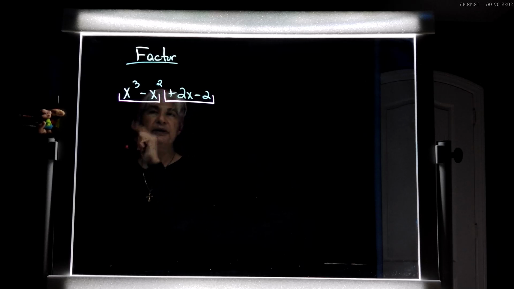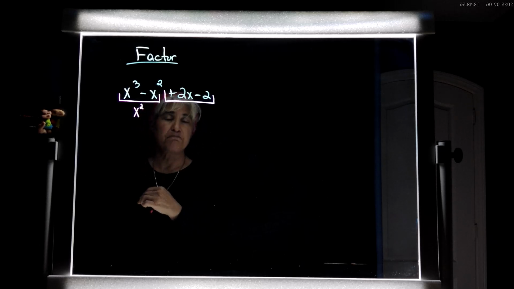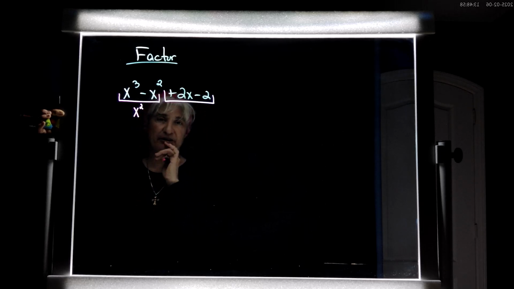Okay. And now I'm looking at the first pair and I'm asking myself, is there anything in common in the first pair that I could divide out? Yes, an x squared. They both have 2 x's I can take out. Second pairing. They both have a 2 I can divide out. Now you're like, well, what's the sign of the 2?